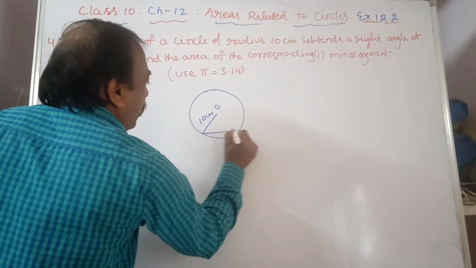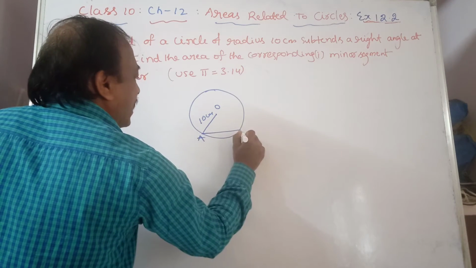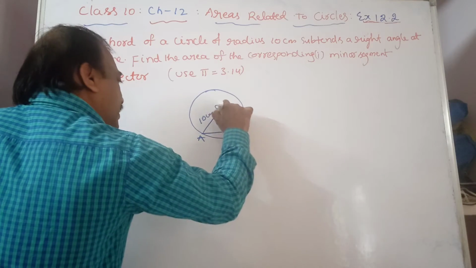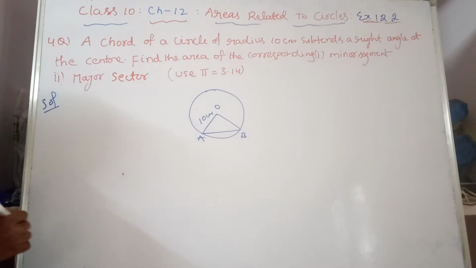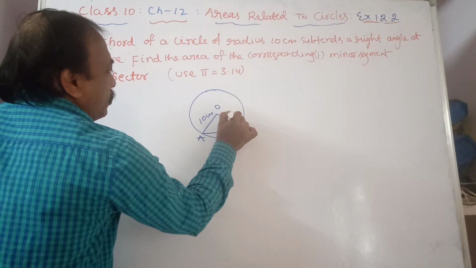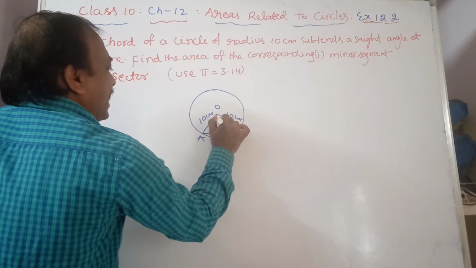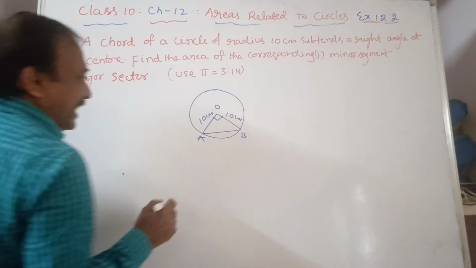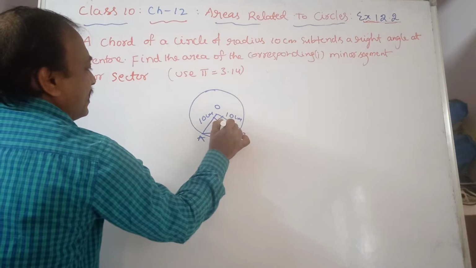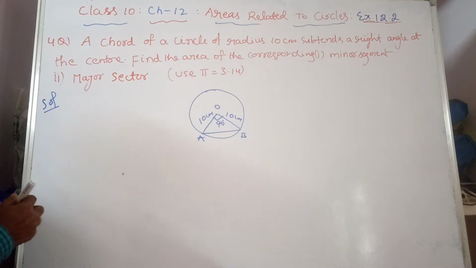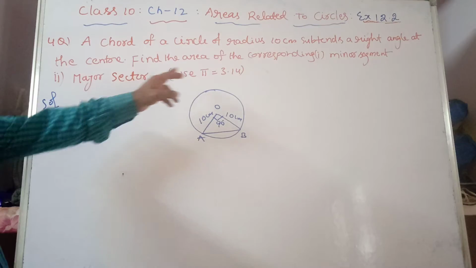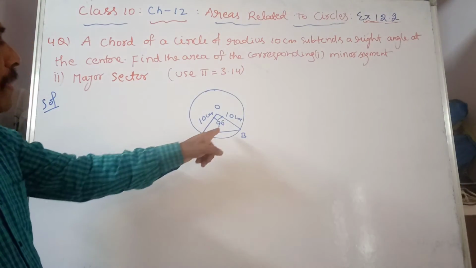So let AB be the chord. This is radius 10 centimeter, so both the sides are 10 centimeter. The angle at this place is 90 degrees. Now the first question asks to find the area of the corresponding minor segment.